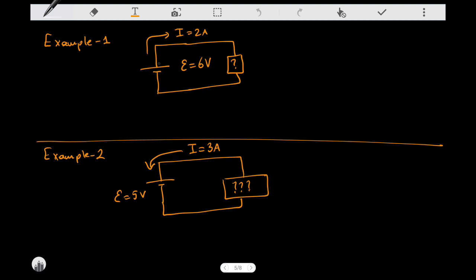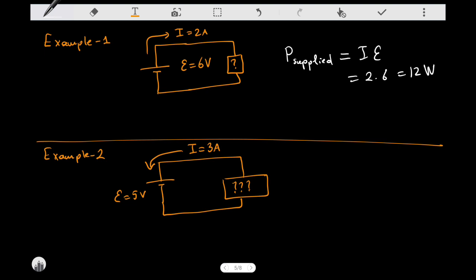So in this situation, for example, a current passing through the EMF device parallel to the correct polarity. So therefore the current is positive, and of course the EMF is also a positive quantity. In here, let me write the power supplied by the EMF device is I times the EMF. So therefore this is 2 times 6, this is 12 watts.